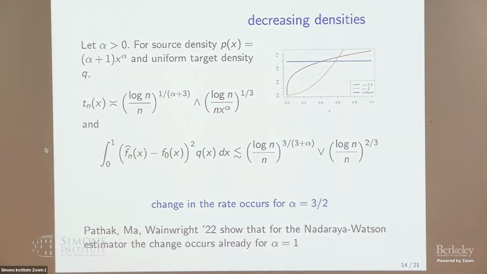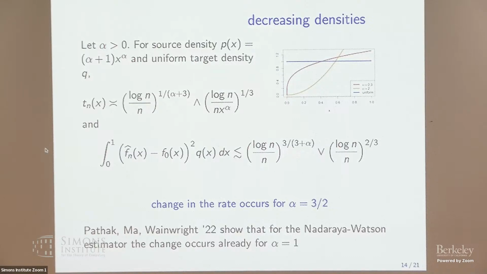Now, if you stick that in, you can evaluate, if you take as target density the uniform, what that gives in terms of convergence rate. And then you see, in this case, the alpha says how little mass you have on the left side of your plot. If that is larger than 3/2, then we lose in terms of convergence rate.